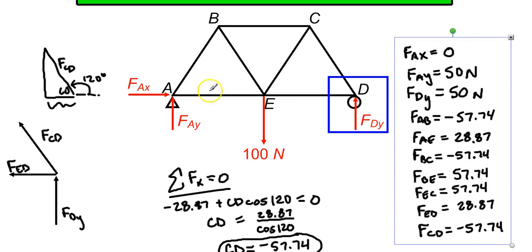So what we have here is our BC is going to be under compression, so that's the top piece. AB is going to be under compression, and CD is going to be under compression. All other members of this particular truss in here are actually going to be under tension.